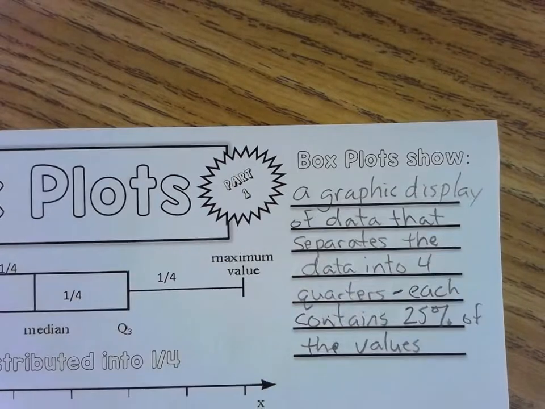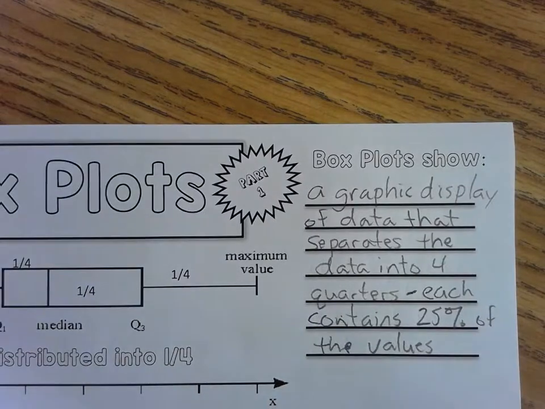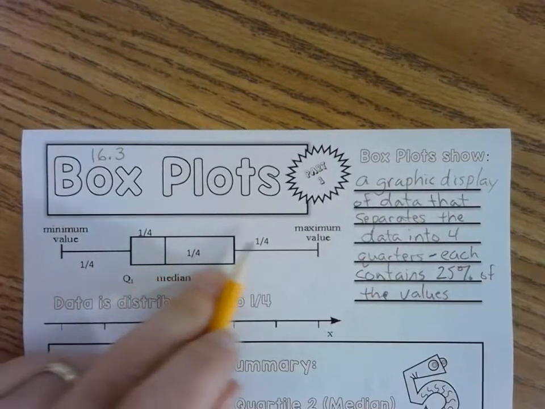Okay, so a box plot is just a good way to organize data, to show it visually, because if you look at a lot of numbers, you can't really tell exactly what's going on. But if you look at a box plot, you can see where your numbers fall. Okay? All right. So a box plot basically looks like this.